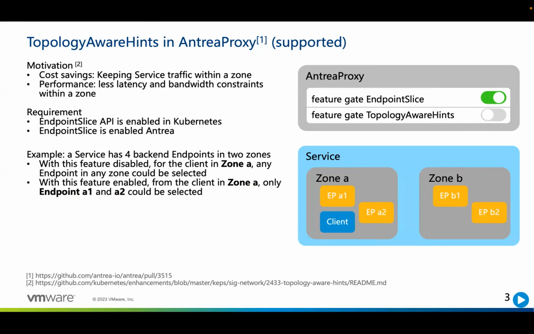Generally, the zone is defined by labeling Kubernetes nodes with topology.kubernetes.io/zone equal to the zone name. Another purpose is potentially better performance, since within a zone there will generally be less latency and bandwidth constraints.